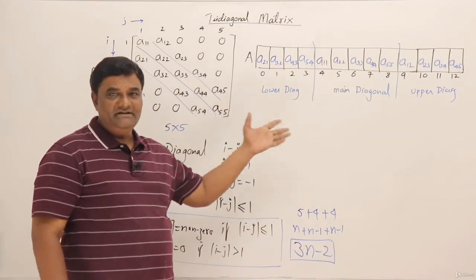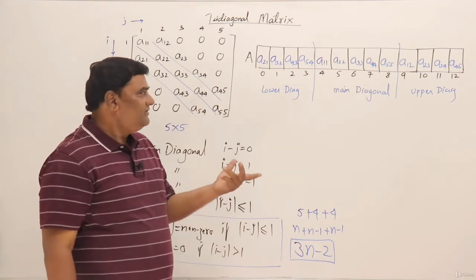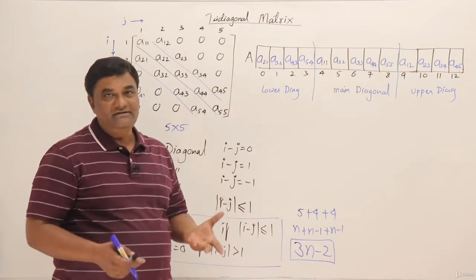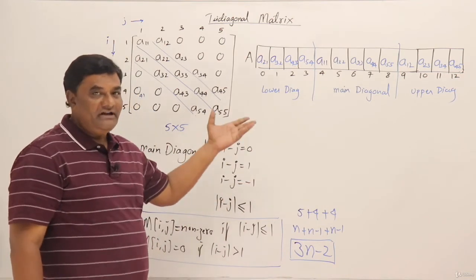Now how to map these? There must be some formula. We cannot come up with a single formula for all the diagonals. We have to handle them separately, going diagonal by diagonal.